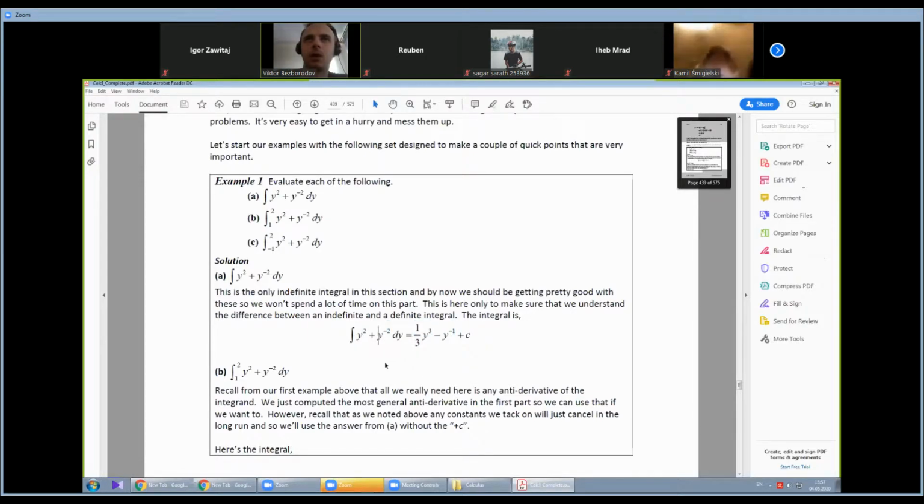So this is just a power, a polynomial, and for a polynomial we remember how to do it. We just increase the power by 1 and then divide by this power. So here we divide by 3, 1/3, and here we divide by -1 and get a minus in front. And then you have C, the constant.